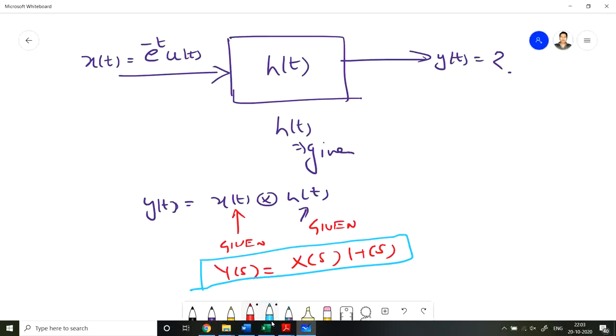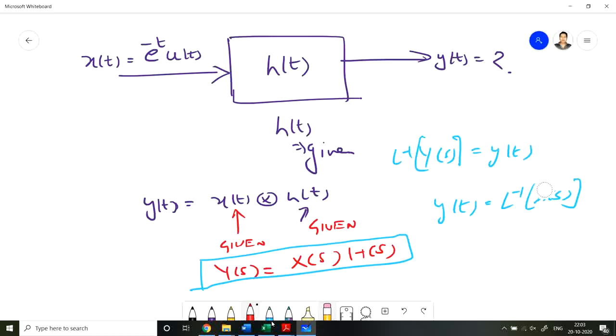We find Y(s), and the inverse Laplace transform of Y(s) is y(t).